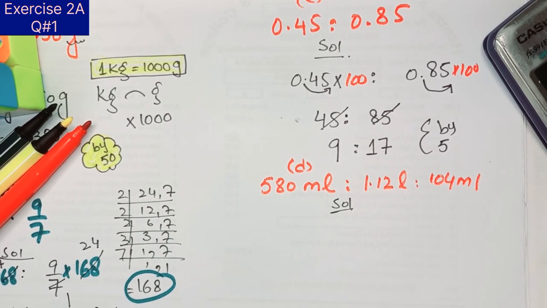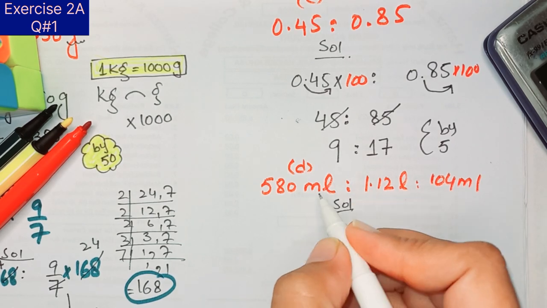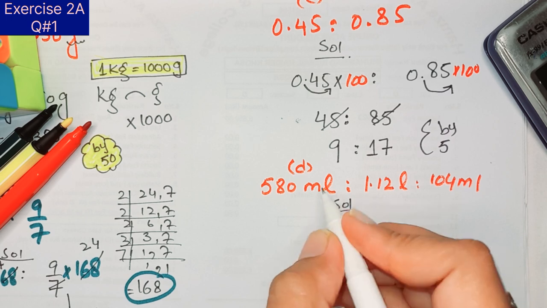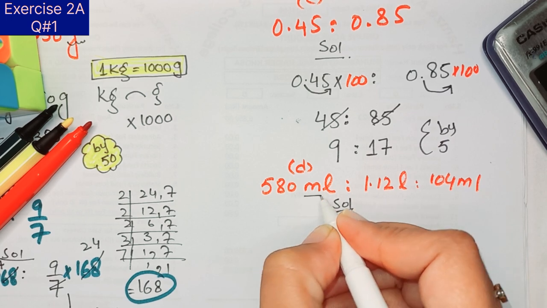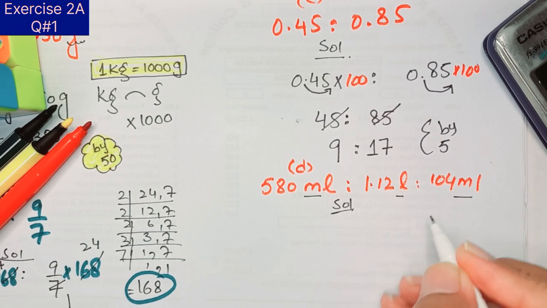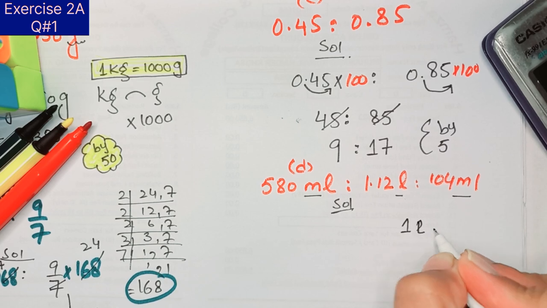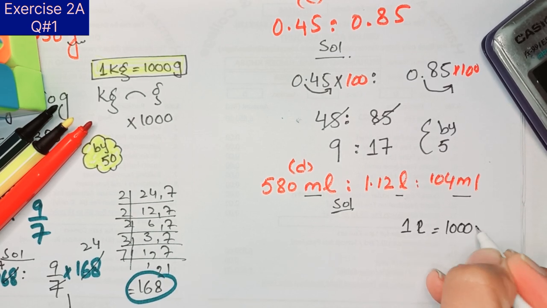Okay, so first what we have to do is make the units the same. So it's milliliter, liter and milliliter. We can convert liter into milliliter, and we know that 1 liter equals 1000 milliliter.